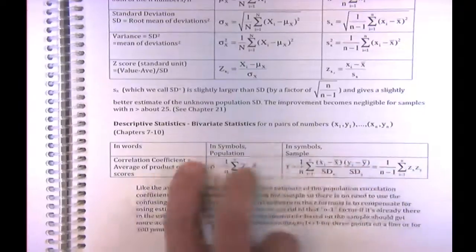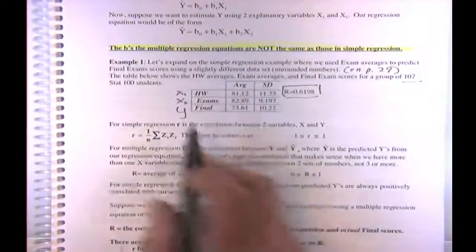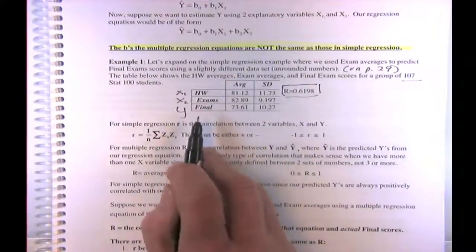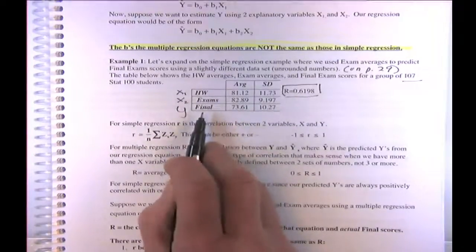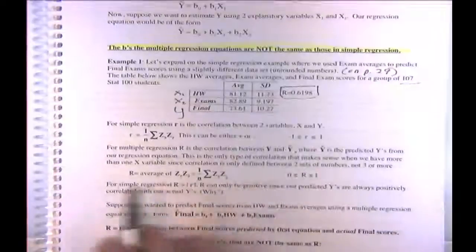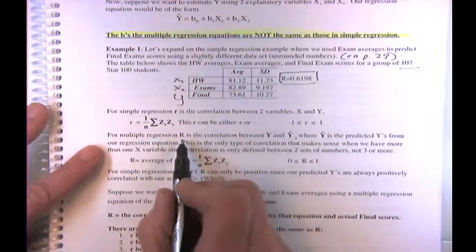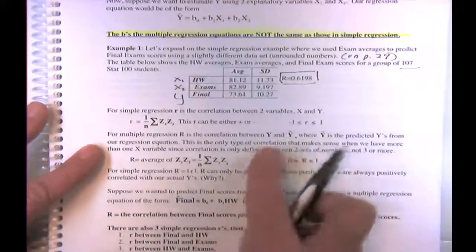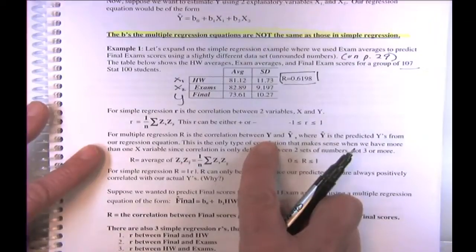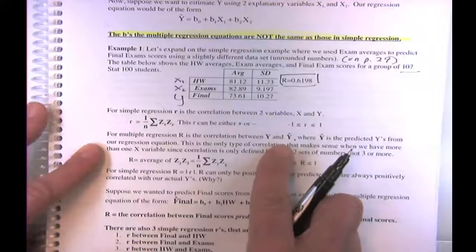So now, but that's only defined on two sets of numbers. So what do we do when we have 107 students, each with 3 numbers associated with them? Well, for multiple regression, we define R as the correlation between two sets of numbers, but they're the sets of numbers between people's actual y's, their actual finals, and their predicted y's based on the multiple regression equation.